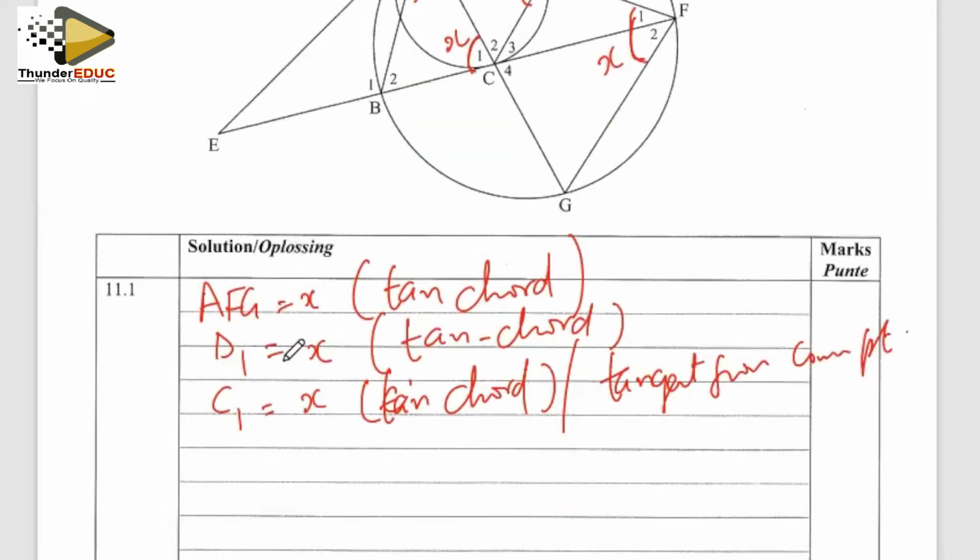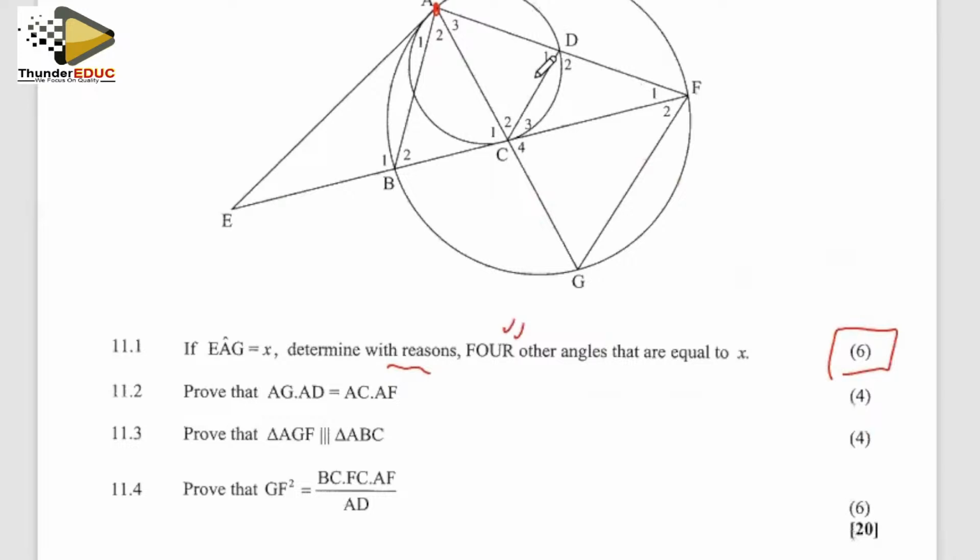Then the fourth angle is going to be C4, this angle here, because this and this will be vertically opposite angles. All right, so we have our 4 angles as per the question required. So that is x, x, x, and this one is also x.